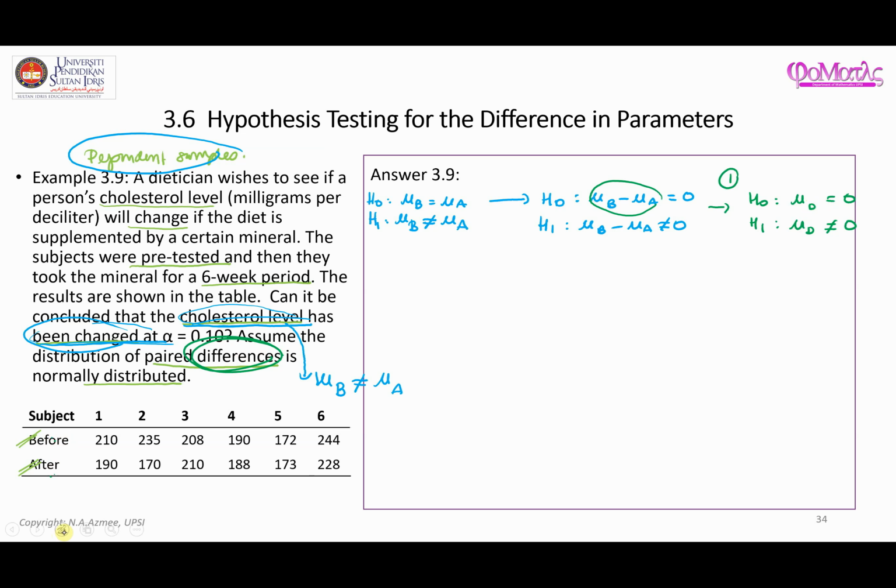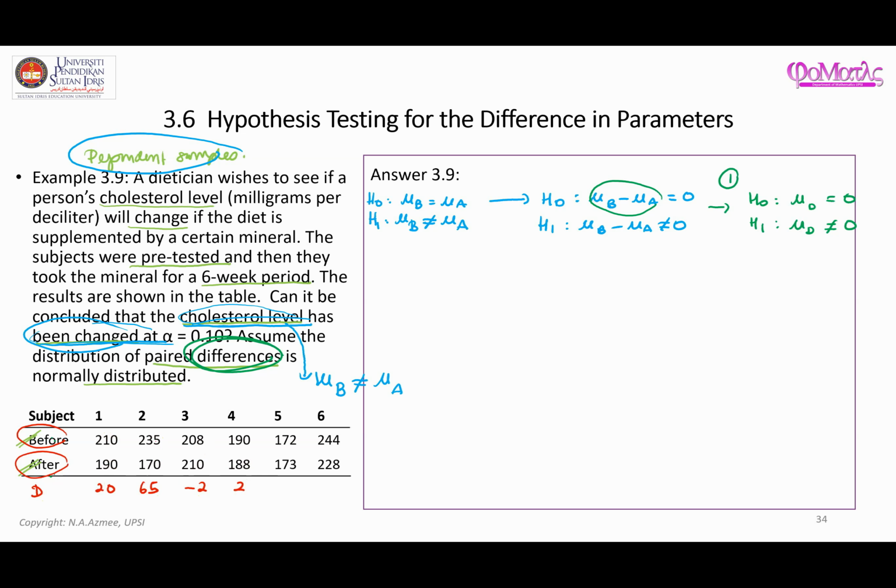So the second step, before we can calculate the test statistic and so on, what you need to do is find the difference between before and after. So 210 minus 190, the difference is 20. This is the new data set. This one, the difference is 65. This is negative 2.